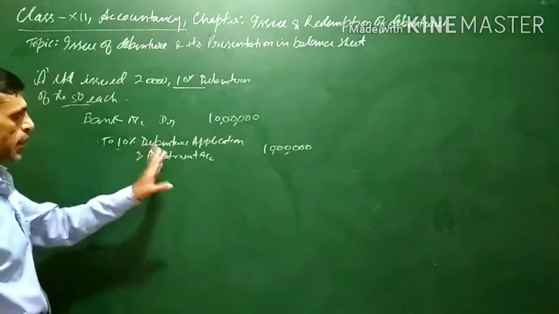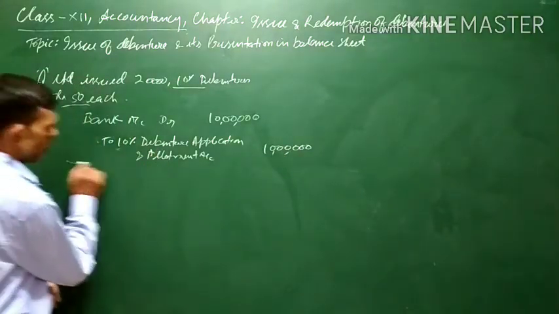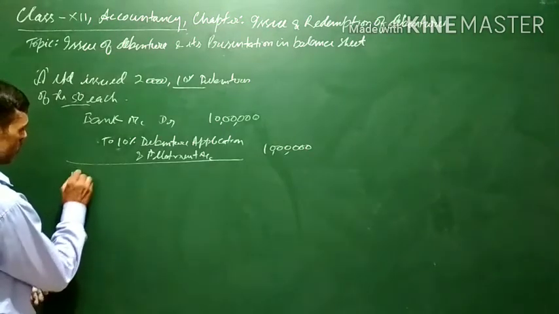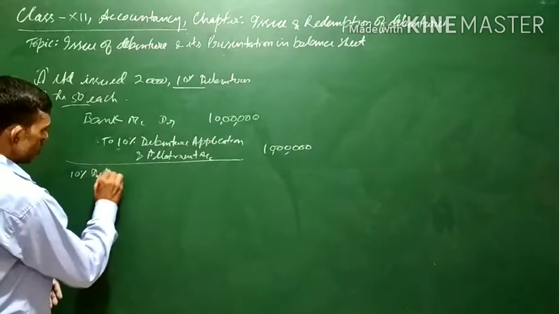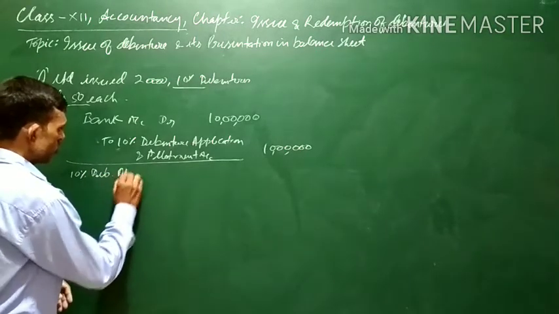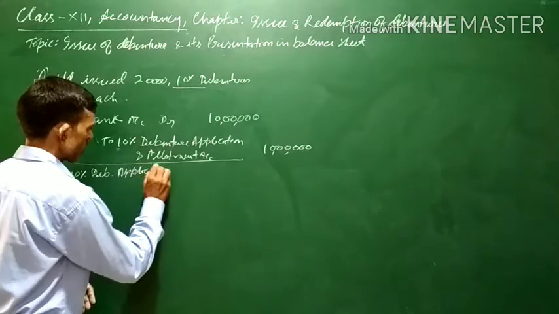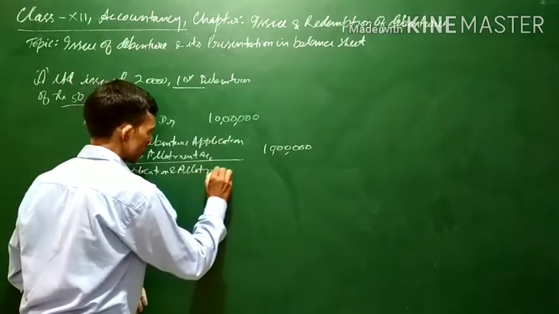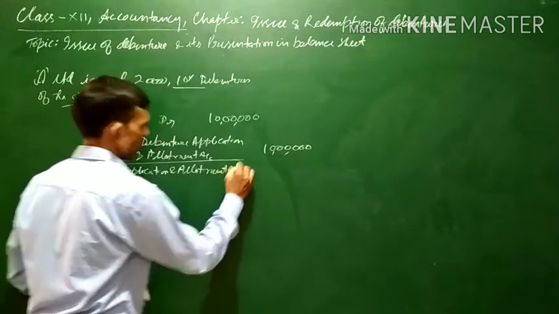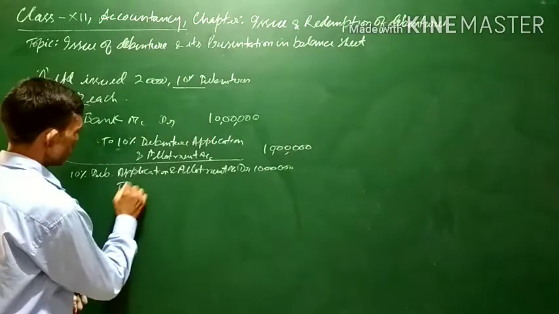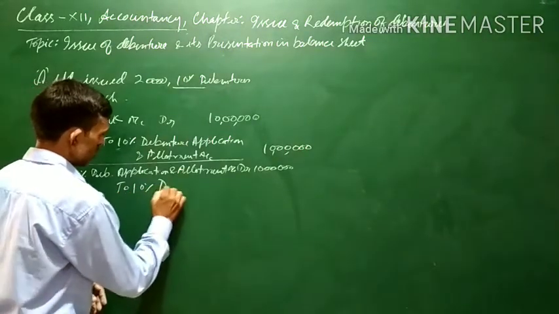And this debenture application and allotment money will be transferred to debenture account. The entry for this will be 10% debenture application and allotment account debit to 10% debenture account.